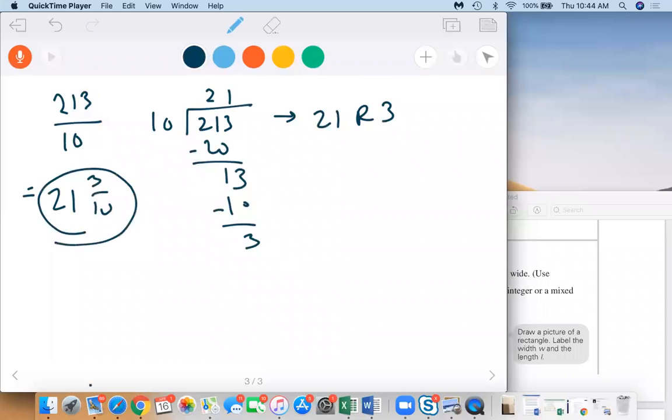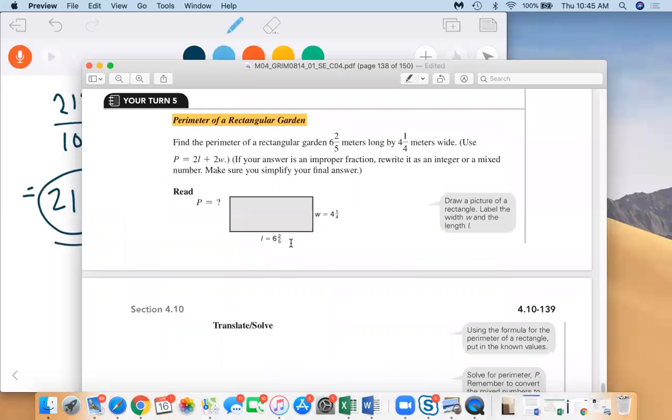So our whole perimeter should be about 21 and 3/10. Let's look at this. We have 6 and 4 and 6 and 4. If we just look at the whole number parts, we would have about 20. 6 plus 4 would give us 10, plus 6 would give us 16, plus another 4 would give us 20.